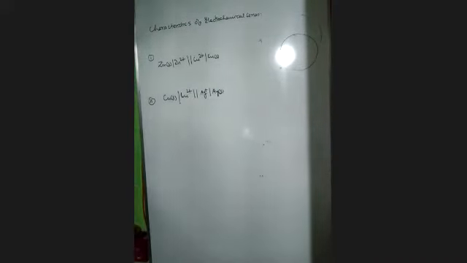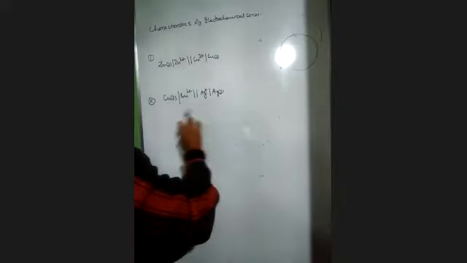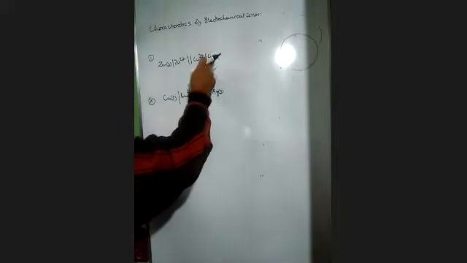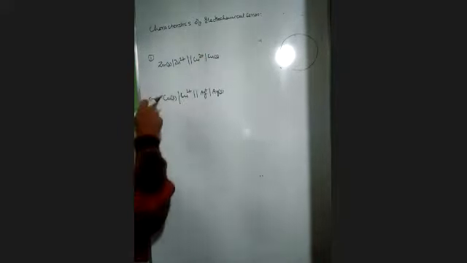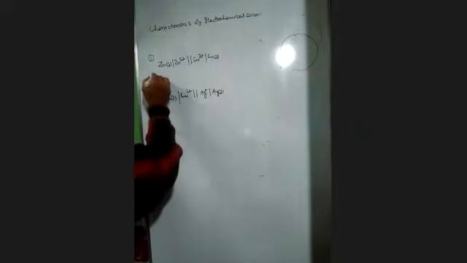Okay. See here, very interesting. As you write the cell, draw the cell. Here is anode. This is cathode. Same thing is acting as anode here and acting as a cathode here. See.